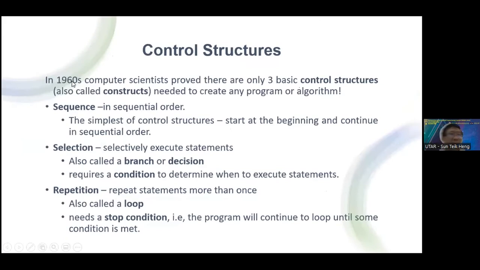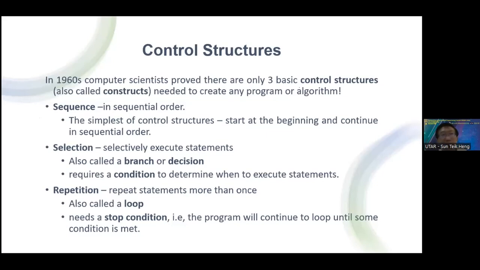Now, in the year 1960, computer scientists already proved that your program actually requires only these three basic control structures, also known as constructs, which are sequence, selection, and repetition.